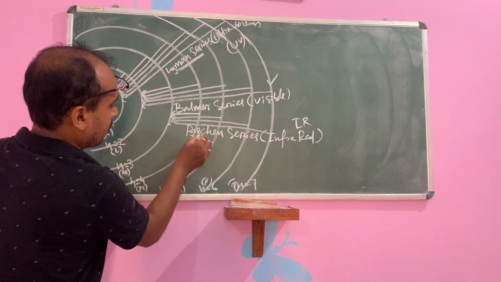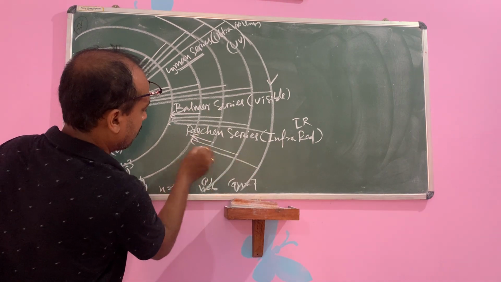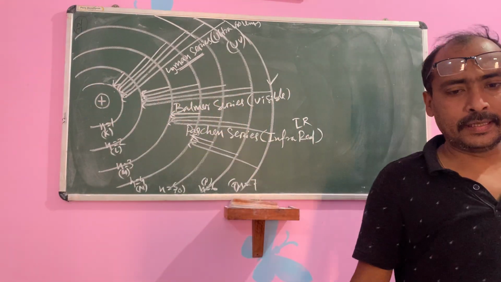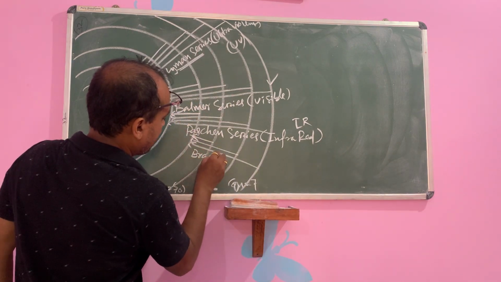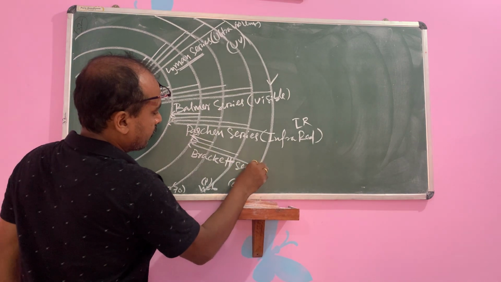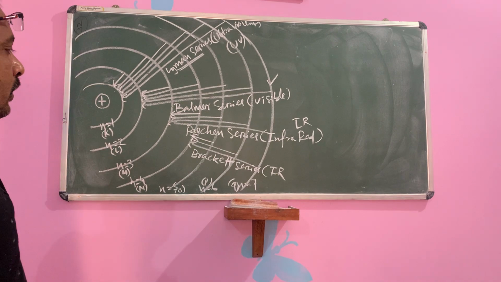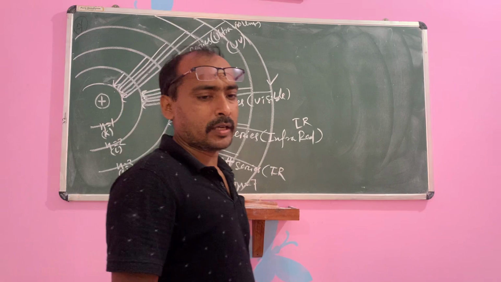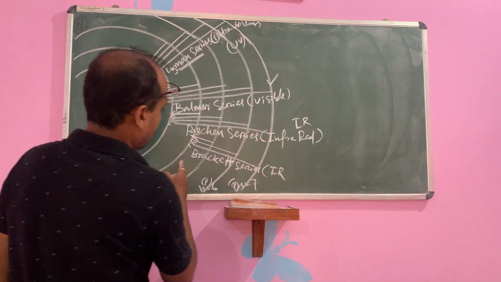Then Brackett, B-R-A-C-K-E-T-T, Brackett series, that is also IR. Another one, the next series here, is Pfund, also IR.